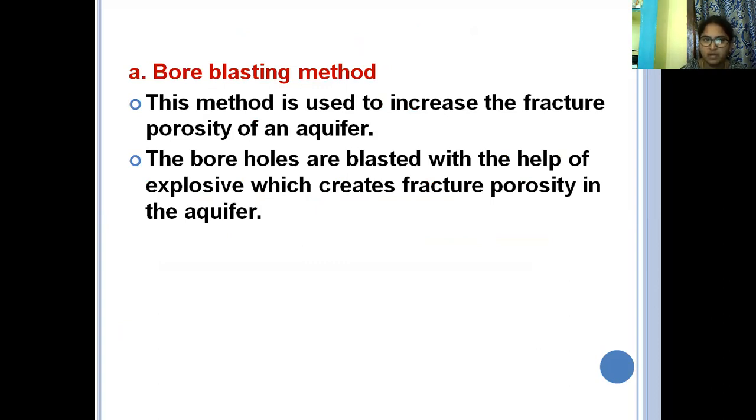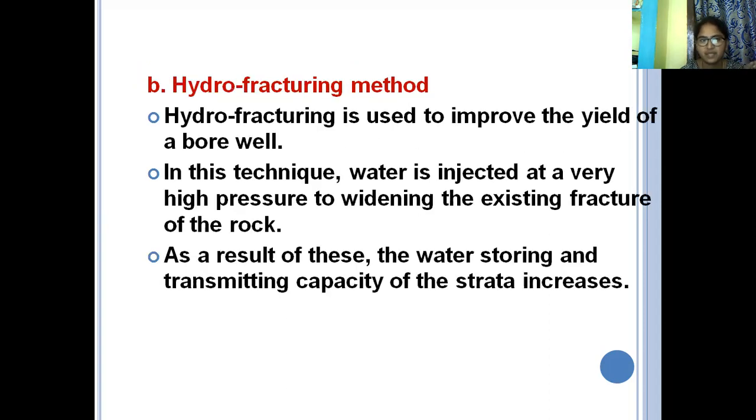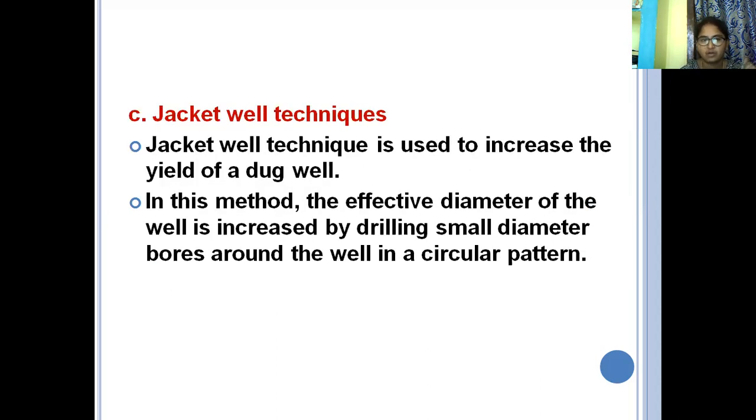In the bore blasting method, boreholes are blasted with the help of explosives, which creates fracture porosity in the aquifer. The hydrofracture method is used to improve the yield of a bore well. In this technique, water is injected at a very high pressure to widen the existing fractures of the rock.